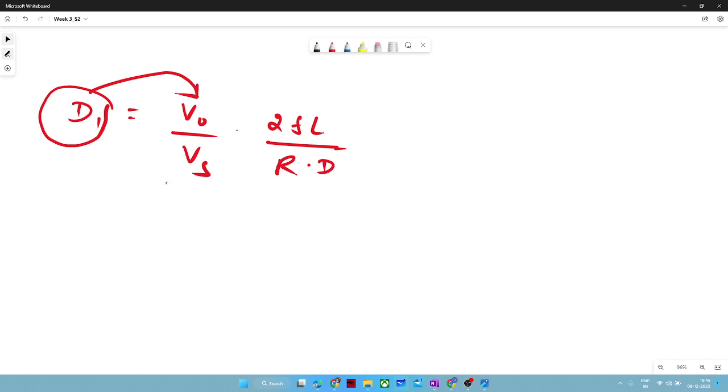But let me tell you one thing. If you write V naught by Vs in terms of D1, your equation will be a bit complex. So generally people write D1 in terms of V naught by Vs, and they try to find this ratio in terms of D and other known parameters.